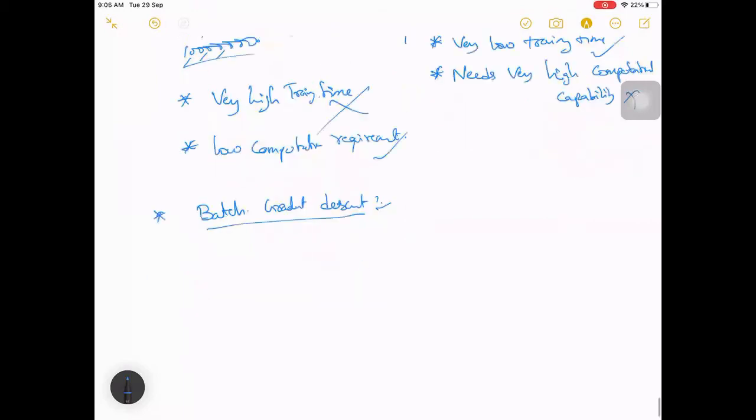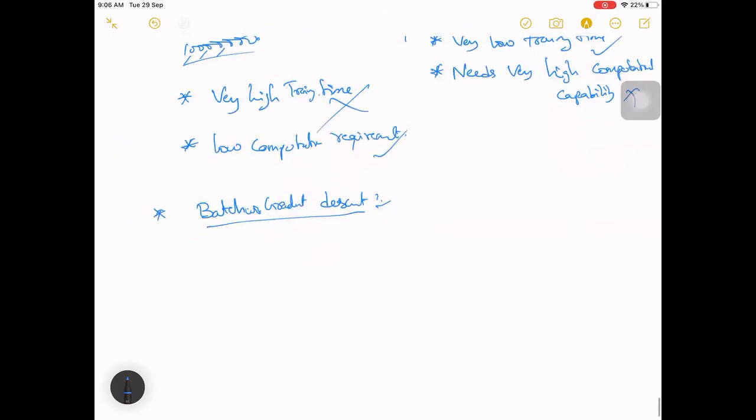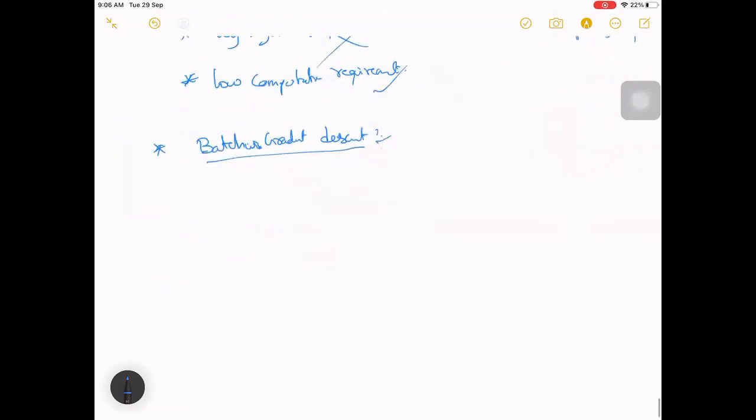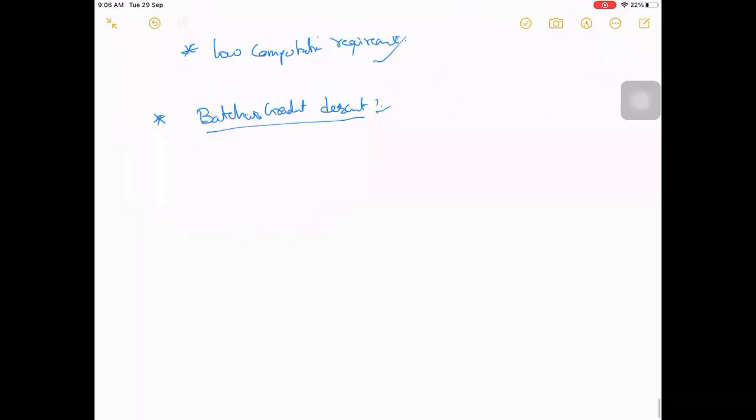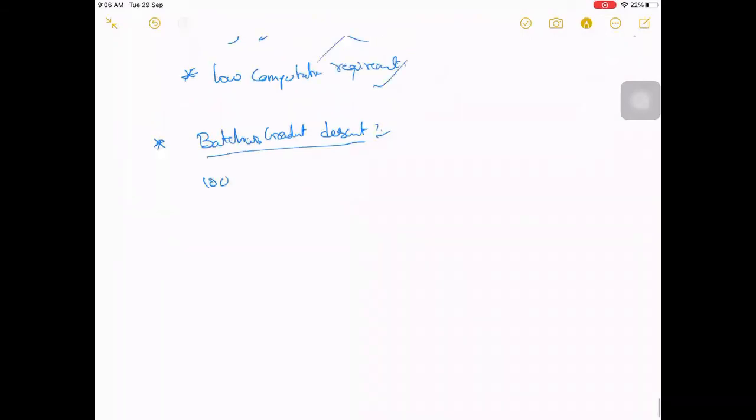So it is batch-wise gradient descent, I guess. I don't exactly remember the word. Let us say you have these 1 crore data points.